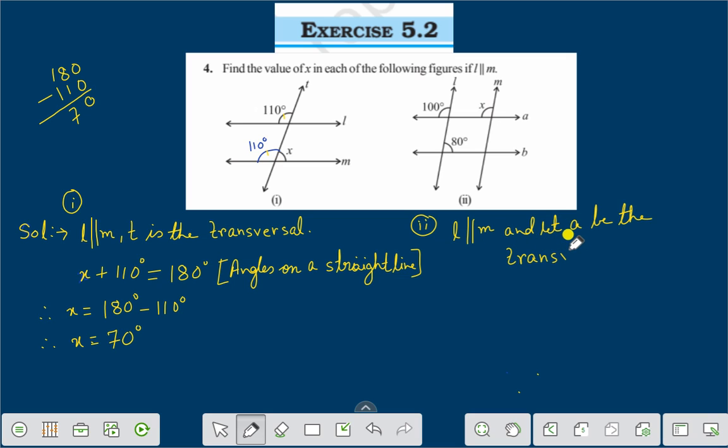Here you see L and M are parallel and A is a transversal.